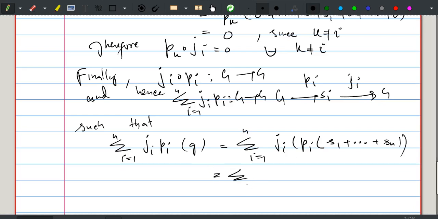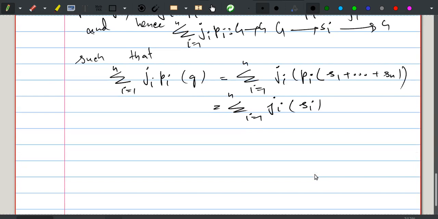So this is sigma i from 1 to n Ji of Pi, now this is the projection map, so this maps to Si.